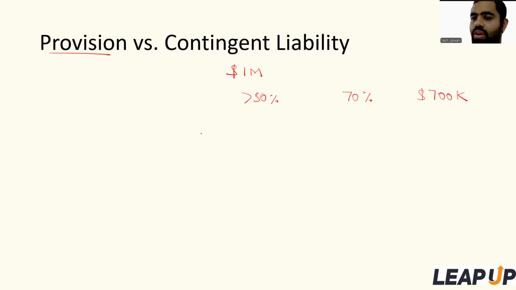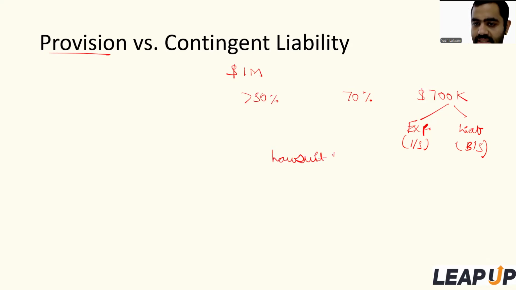How would we go about recording this provision? We will recognize an expense in the income statement and simultaneously a liability in the form of a provision in the balance sheet. The journal entry for this would basically be lawsuit expense account debit to the tune of 700K, and provision for lawsuit to the tune of 700K will be credited.